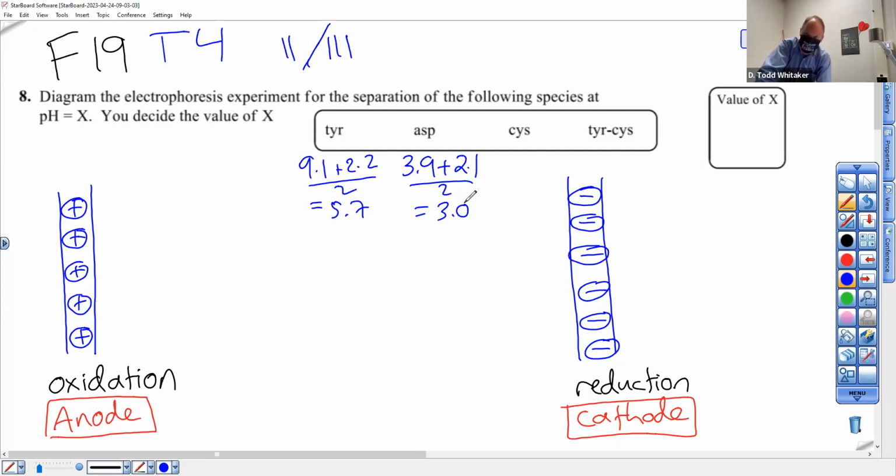Your cysteine on your page right now, what charge does it have? It's got 1 minus and 1 plus. It's the one you want. Don't take that SH off. Don't go above 8. Well, now you've got to get between the other two numbers, which is below 8. You can ignore the 8 now.